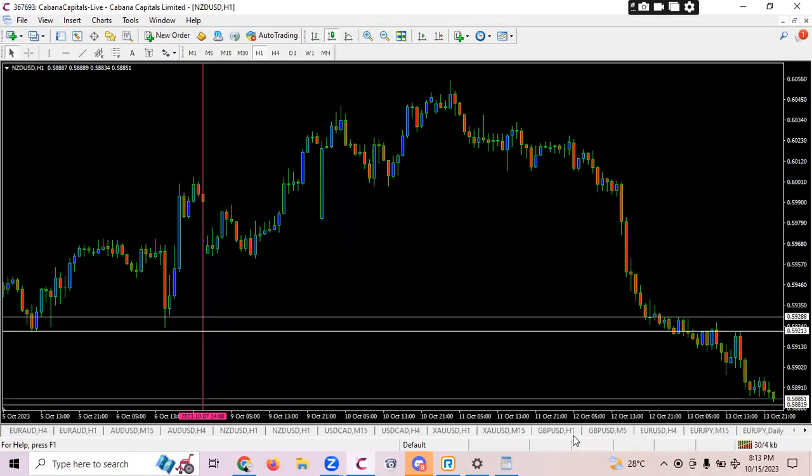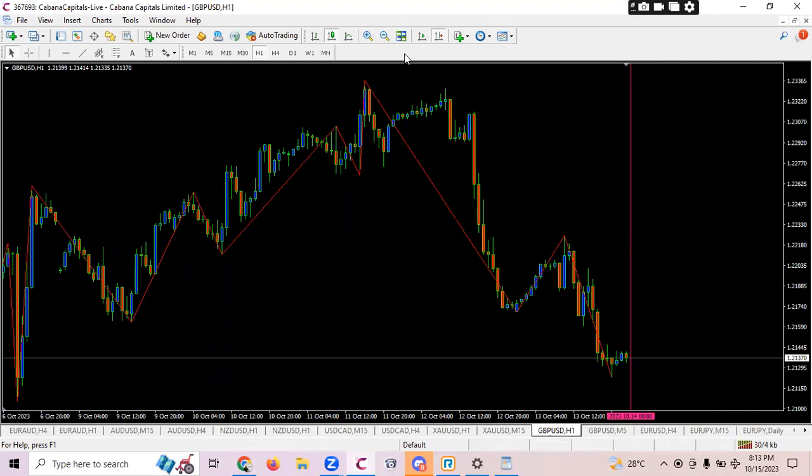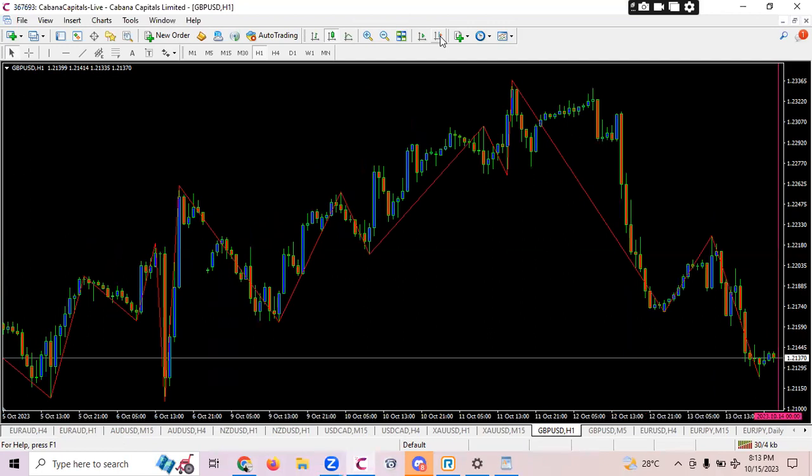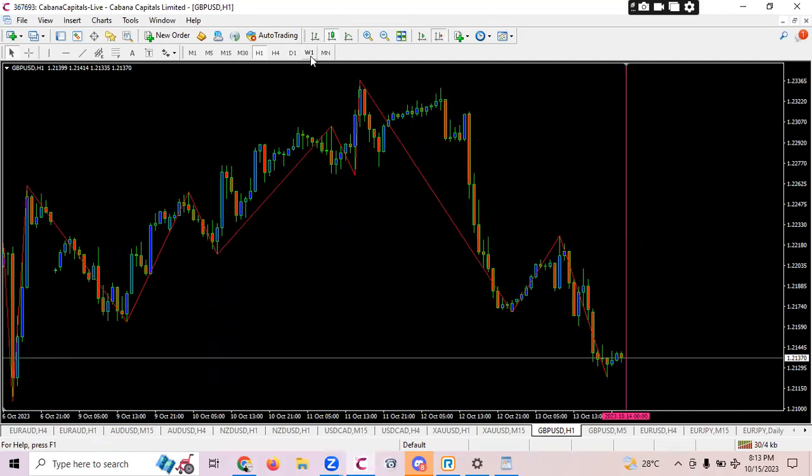So, like I said, we'll start with GBP USD. What's happening on GBP USD? So we'll have to start with the weekly time frame.